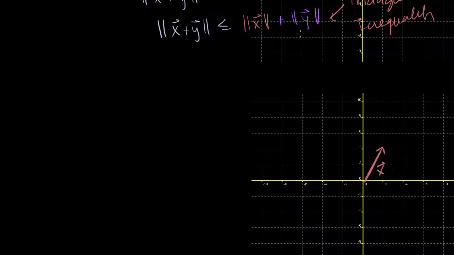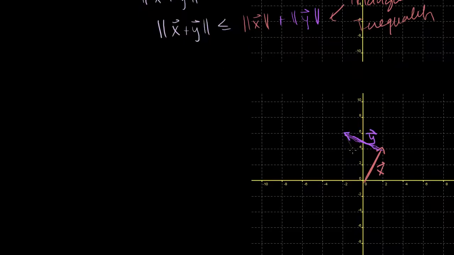And let's say my vector y, well, I'm just going to do it head to tail because I'm going to add the two. So my vector y, I'm going to do it in non-standard position. Let's say my vector y looks something like this. Then what does x plus y look like?